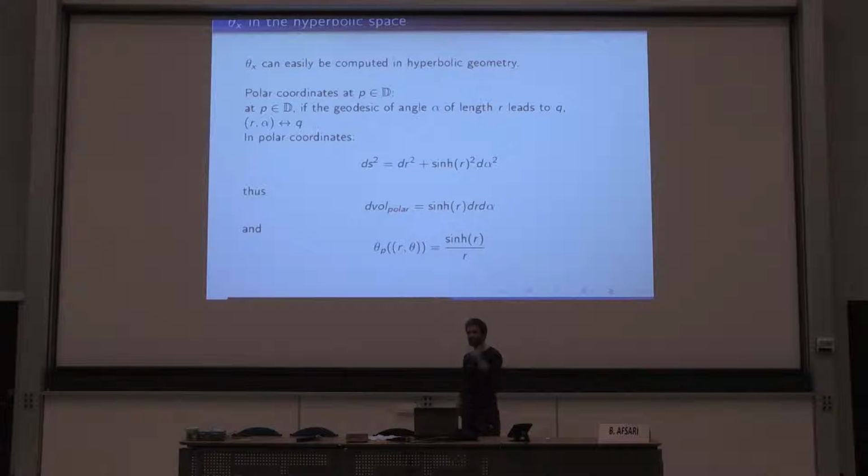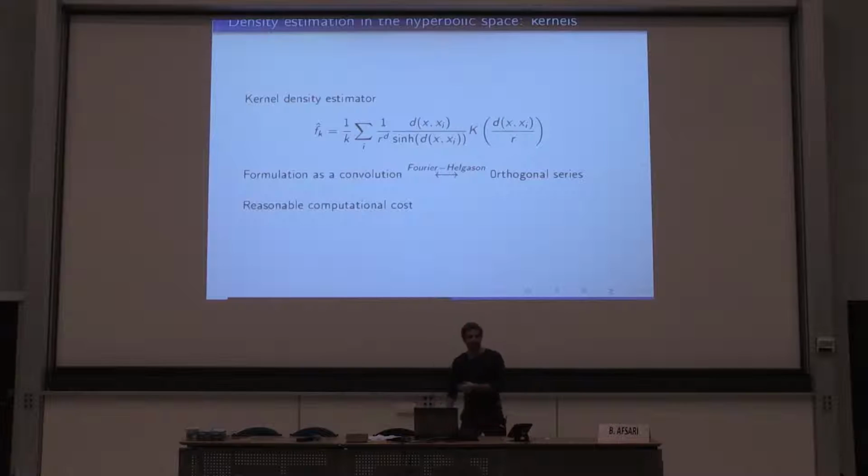And now we just have to switch back from a polar parametrization to a Cartesian parametrization by dividing by the radius. And so we obtain the term of volume change of the exponential application. So we obtain this kind of kernel on the hyperbolic space of dimension 2.